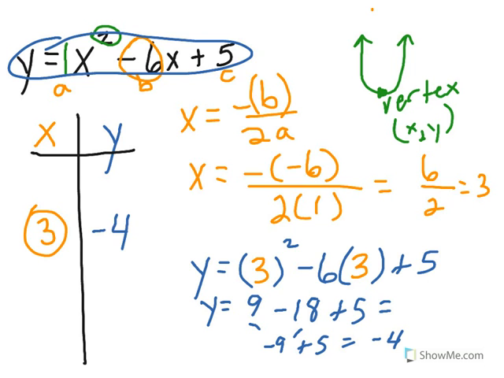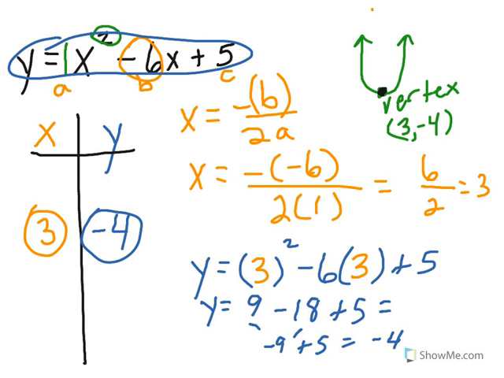So negative 4 is where I'm at. So what that means now, I found my x and my y, that's telling me a location. And that's this spot right here. This spot is at, instead of writing it like this, 3, negative 4 on the graph.